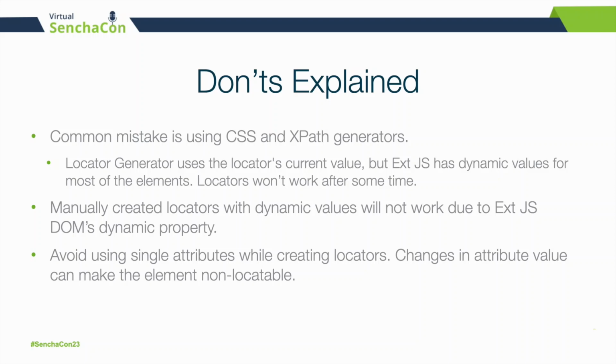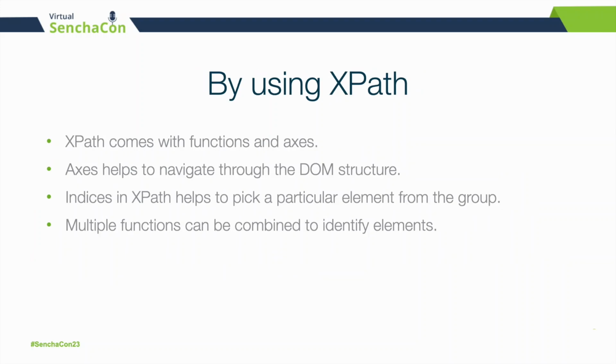Before moving on to the don'ts section, apart from XPath, we can use the coordinates of the elements, but when there is a change in resolution, the coordinates won't work, and the automation scripts will fail. We can use images as well.